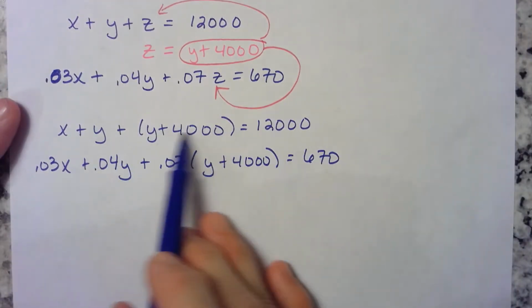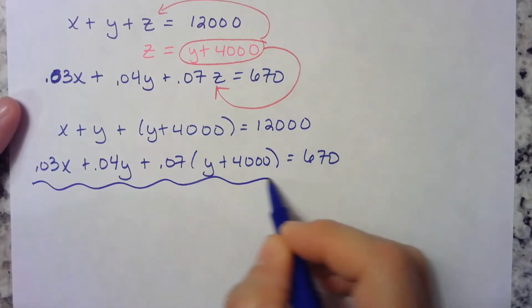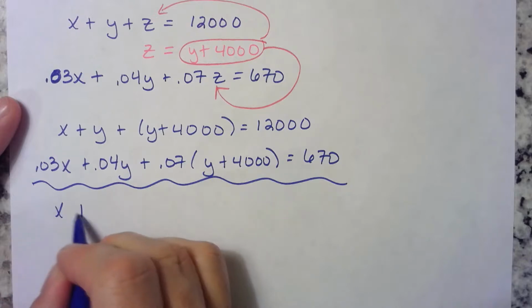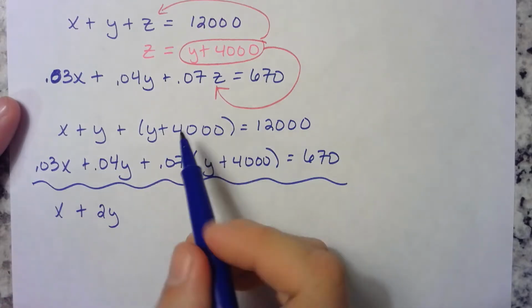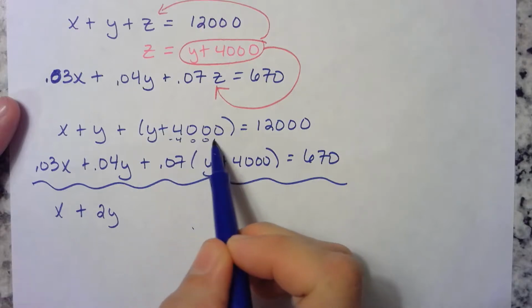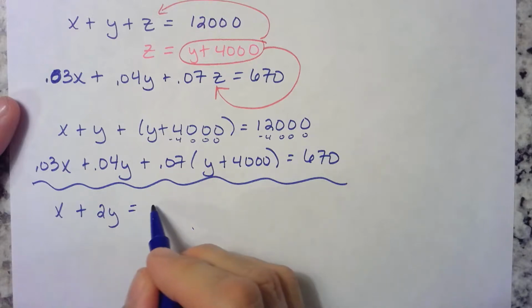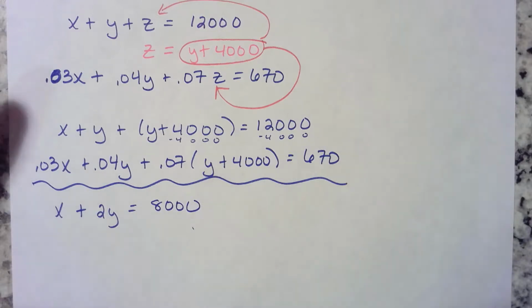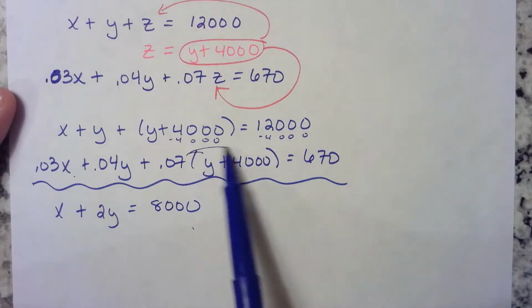Everything is just addition, so let's put them all together. X plus Y plus Y is 2y. I think I'll go ahead and subtract this 4,000 on both sides. So that is going to be equal to 8,000, right? Now what about the next one? We need to distribute this 0.07, right?